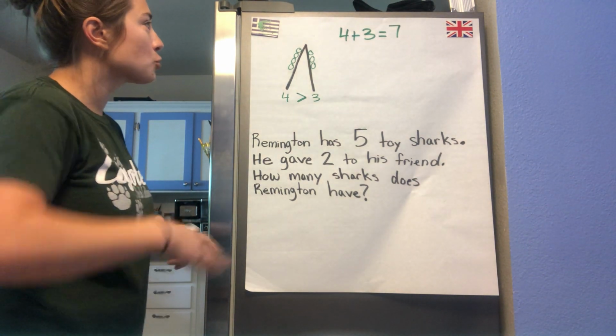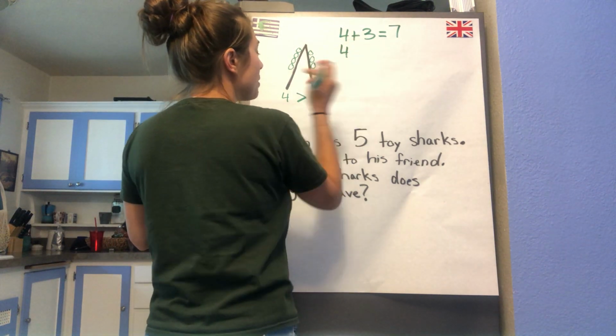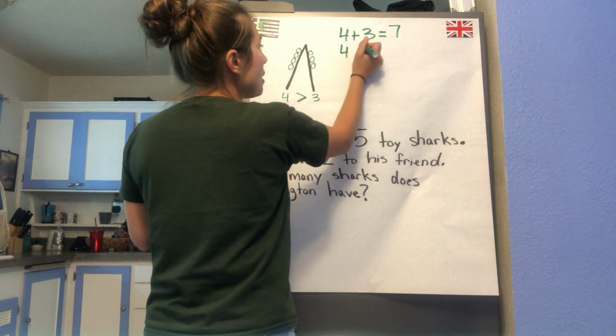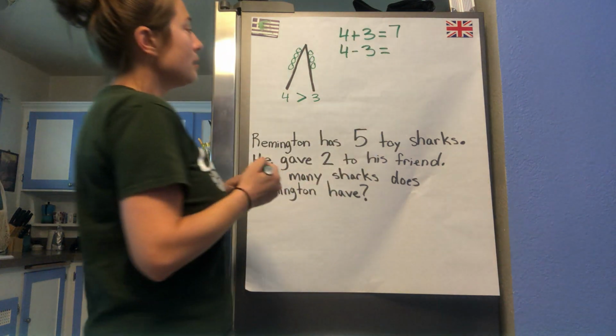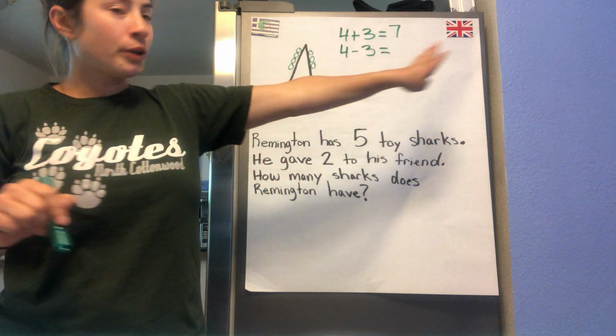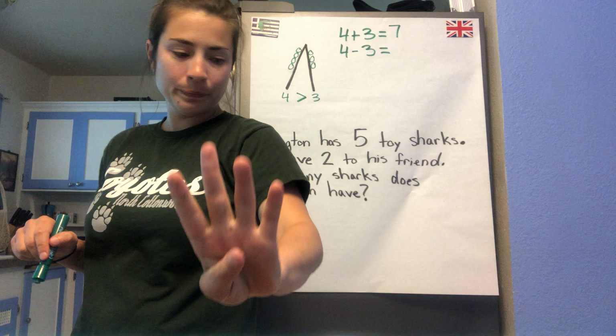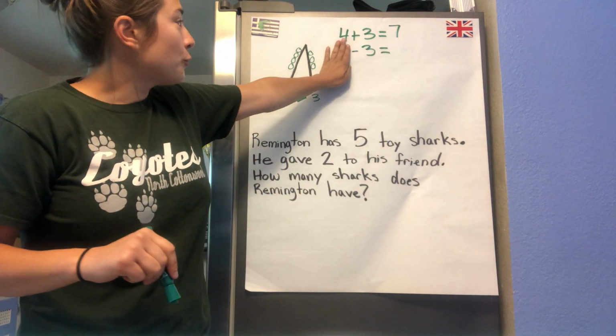And subtraction. Start with that bigger number, the greater number. 4 minus 3 is equal to, so you're going to start with 4. So I have 4 on my finger.